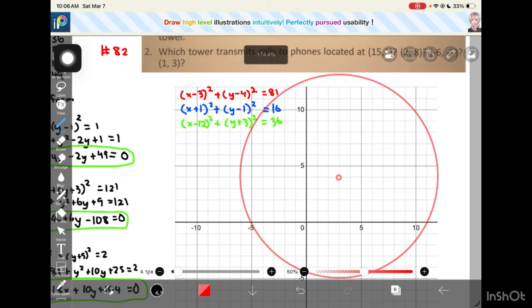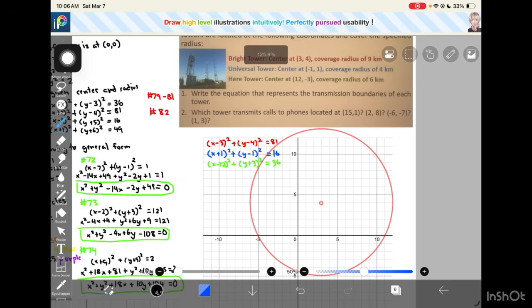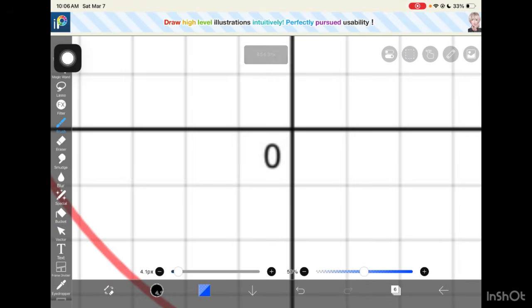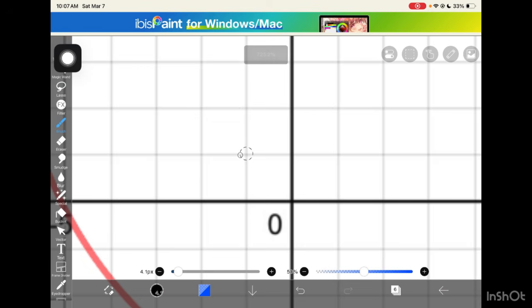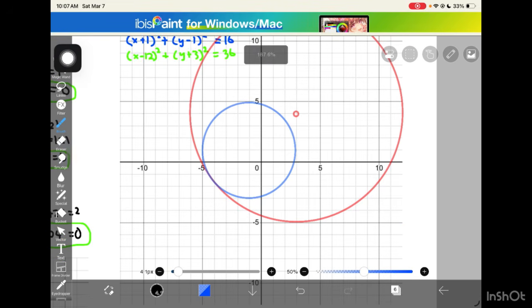How unfortunate. And then for the blue one, it's gonna be negative 1, 1. So negative 1, but positive 1. And it has a radius of 4. So it's here. So it's 1, 2, 3, 4. Like here. Oh, they're intersecting.